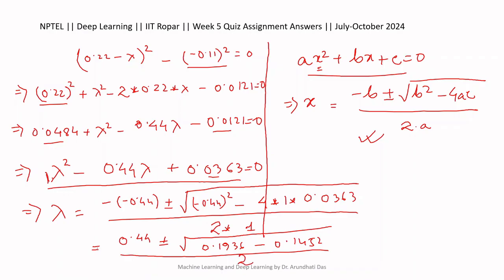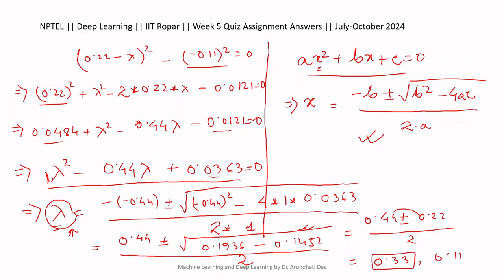So then what will be the next value? 0.44, plus and minus both are there, right? And this square root final computation value will be 0.22, which is divided by 2. So there will be two values, right? One I'll be adding and one I'll be subtracting. Those two values are 0.33 and 0.11. So I have finally got my value for this unknown variable lambda.